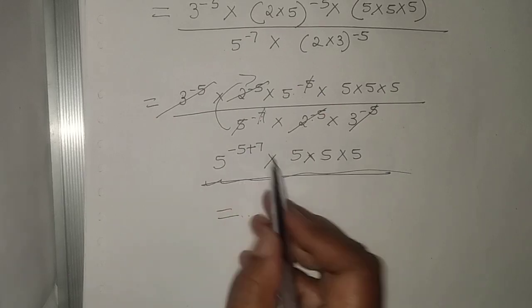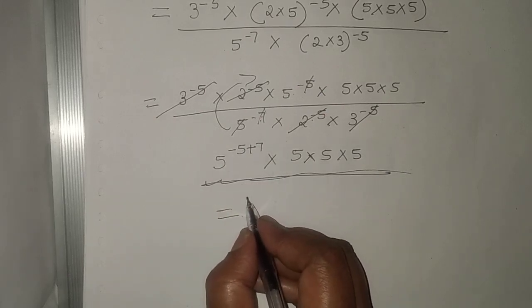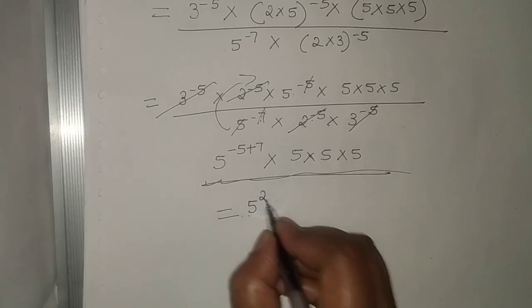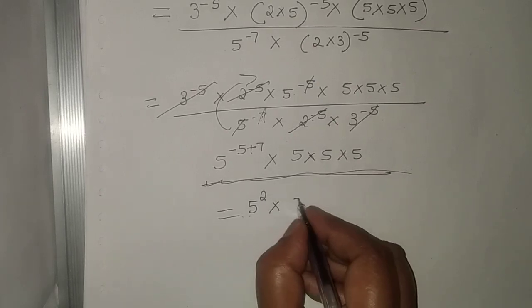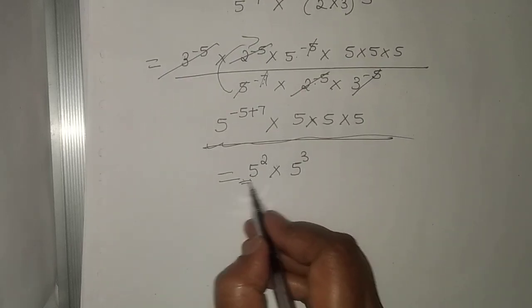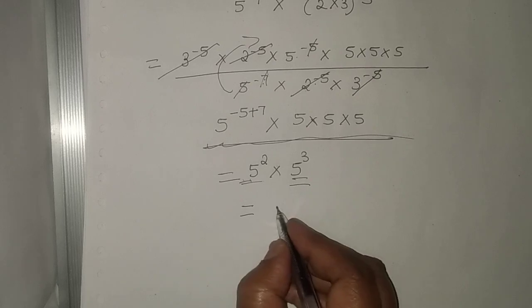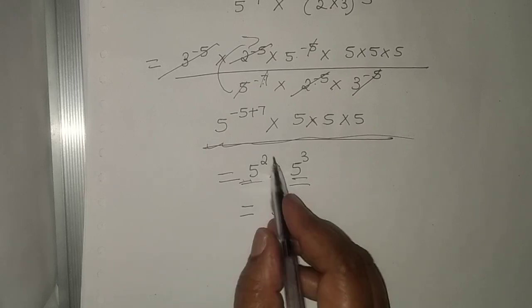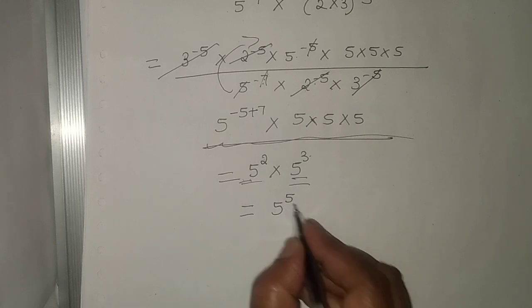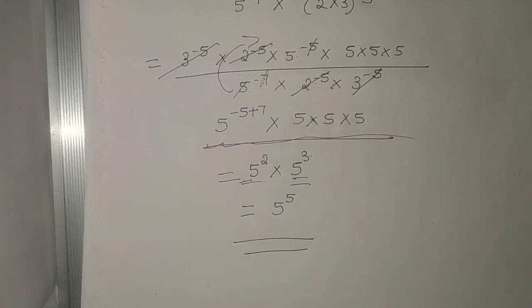This minus 5 plus 7 is 5 to the power of 2 into 5 cube. This one we can write like this. Since this base is same, we can write it as 5 power here 3 plus 2 is 5. So this is the solution for the second problem, the seventh main problem.